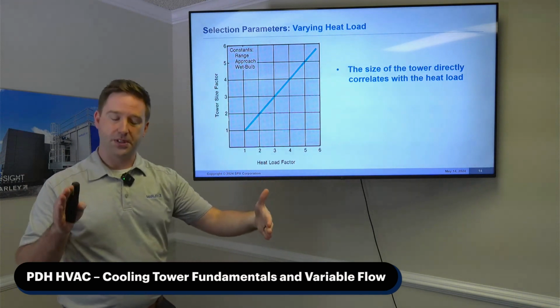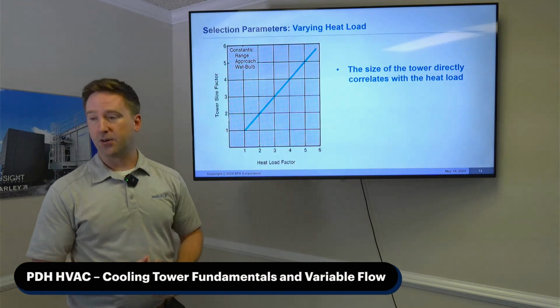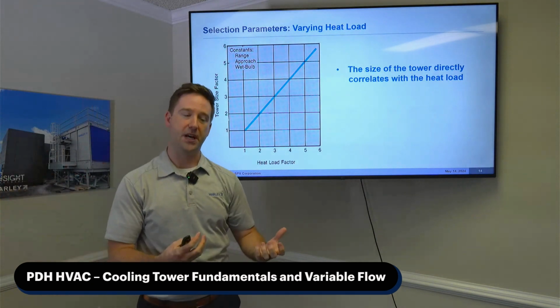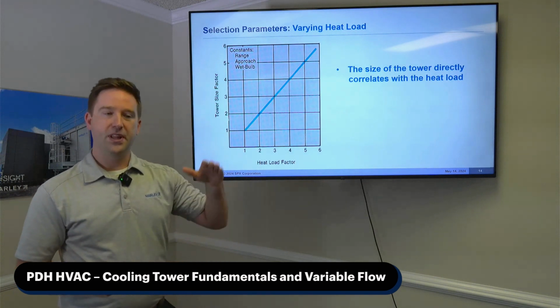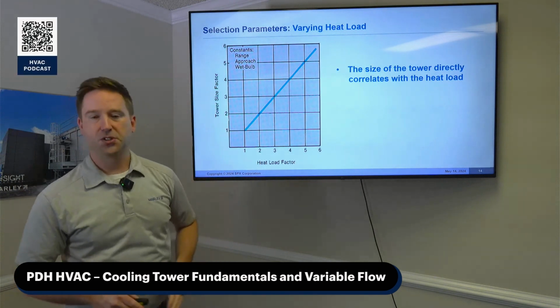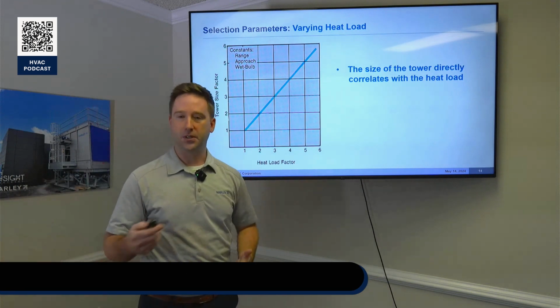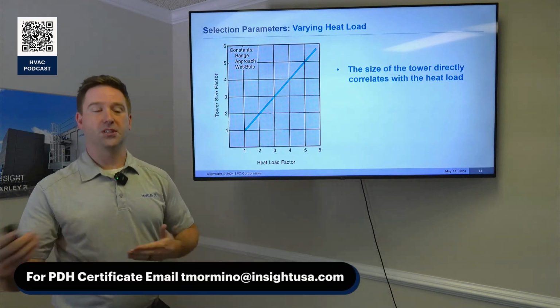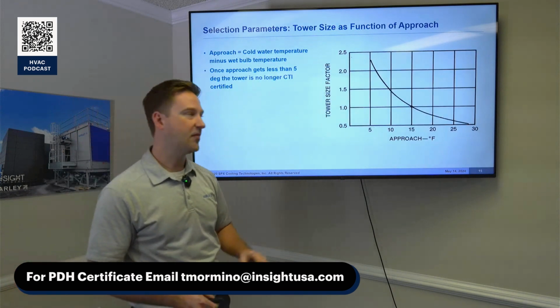Or you could keep the same amount of heat transfer surface, same size, but increase your horsepower. So you're pulling more CFM through that and still getting the same amount of cooling. So the way that the size factor changes can vary some, but as you add heat load, your tower is going to have to reject more heat, and thus it might get bigger or higher horsepower.